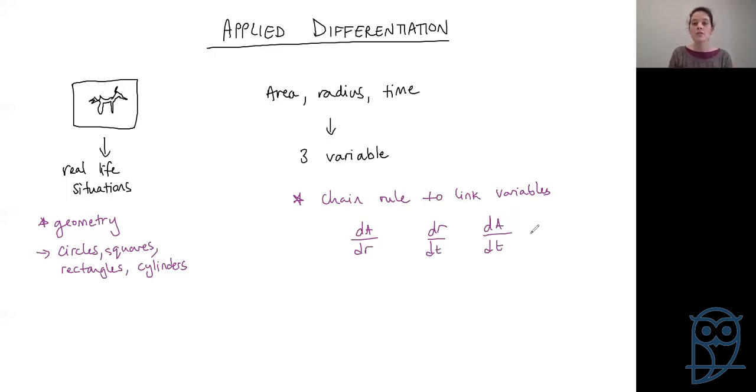So remember, it's always the ones that look like they cancel that belong together. So in here, if we look, we've got t's on the bottom, A's on the top, r is on both. So this one would give us dA by dt equals dA by dr times dr by dt. And then we would get all our different rates, look at the values of the independent variables, and chuck everything in.